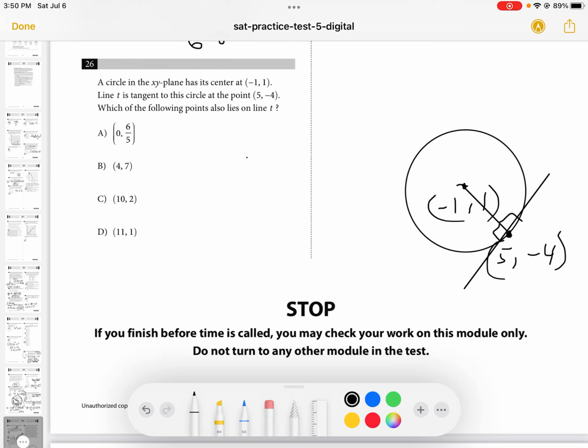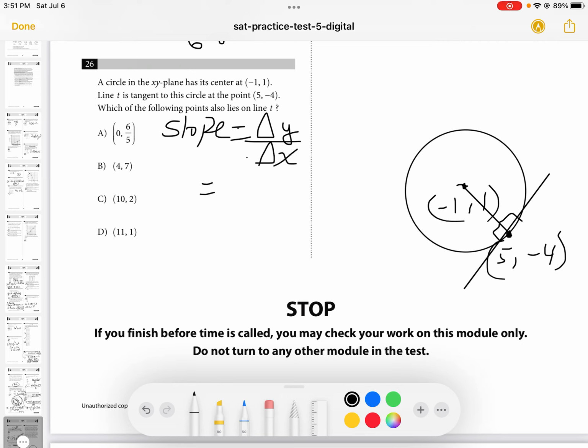So we can find the slope of the line connecting negative 1, 1 and 5, negative 4, and then use that to find the equation for the tangent line. Slope is change in y over change in x.